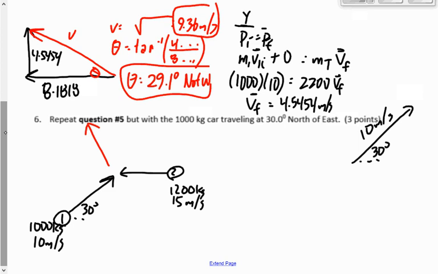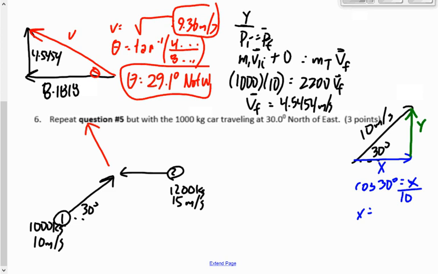Let's replace it with an X and a Y. Which side of the triangle? Claire, which side of the triangle is the X side there? Is that opposite or adjacent? Yep. So which trig function are we going to use? Adjacent and hypotenuse? Yep. Good. Cosine 30 degrees is equal to adjacent over 10. And that's going to give me 8 point, I'm trying to find it here.